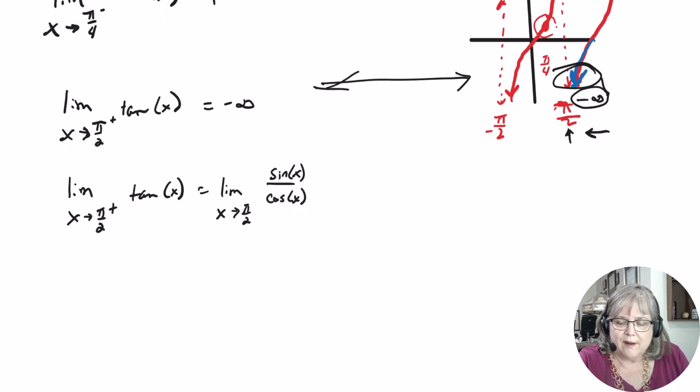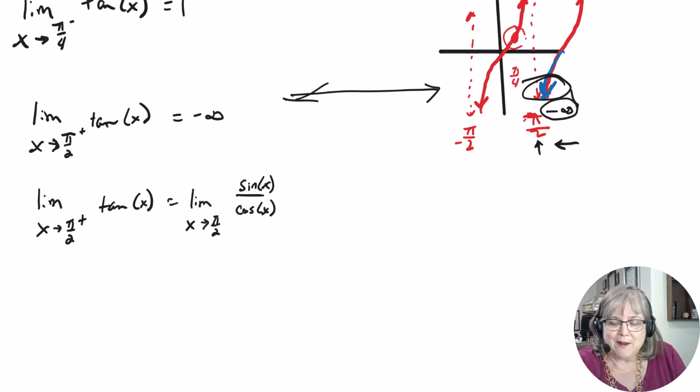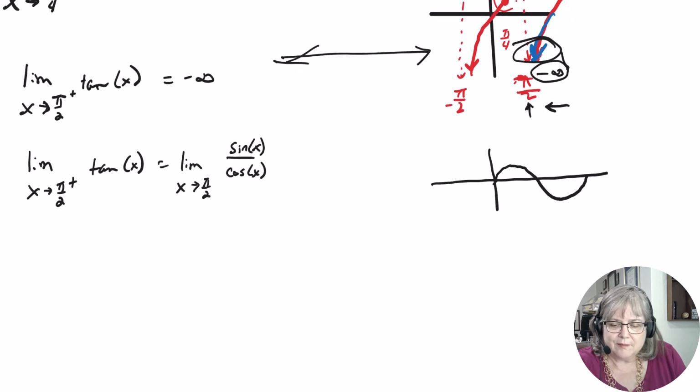All right. Now, I'm going to draw the figure, even though if they didn't like this other figure, they won't like this one, but this might help you to remember what's going on. Okay, so sine looks like this. Okay, cosine looks like this.